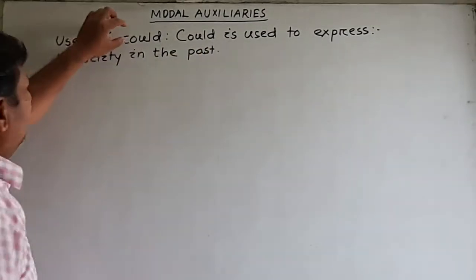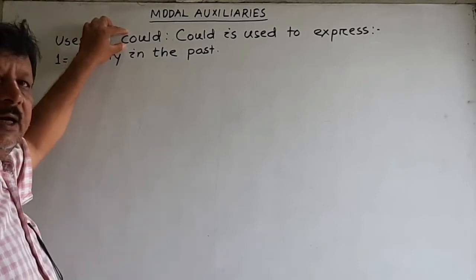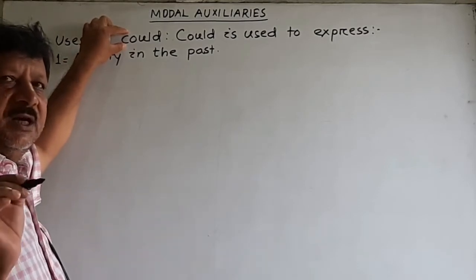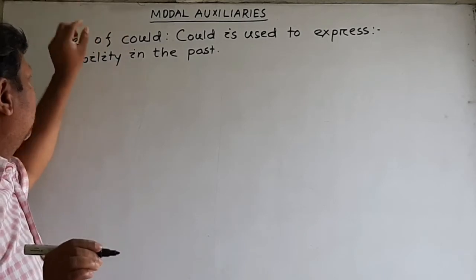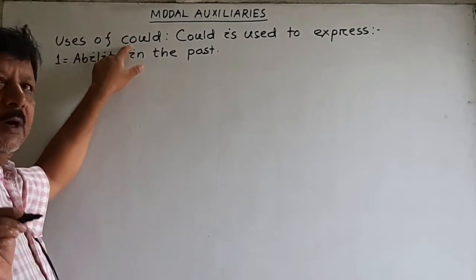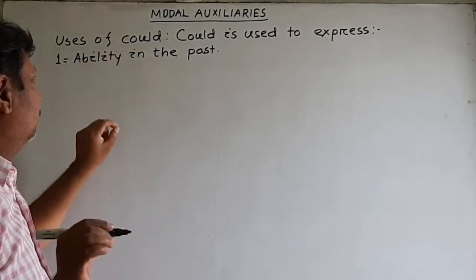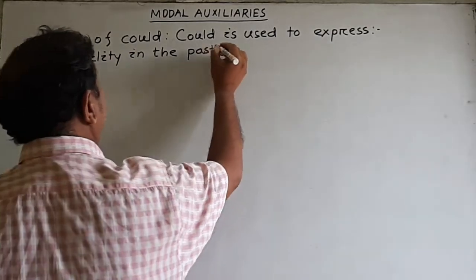See here, as it is the past form of can, and can as a modal expresses ability, it expresses ability but of the past. So let us now have the example of how it is.